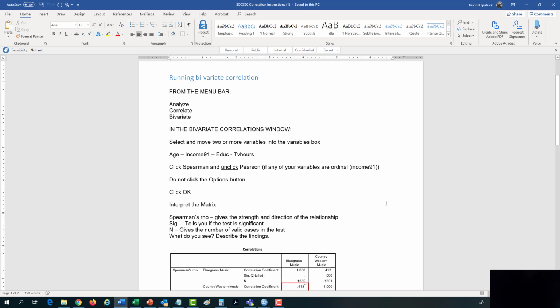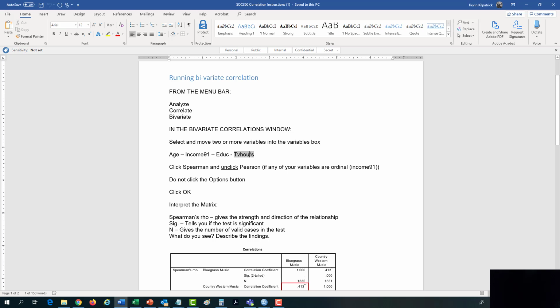So if any of your variables are ordinal, like income 91, which is what we're going to put in our little demonstration, I want you to unclick Pearson in the coefficient box and click Spearman. If all of your variables are interval level, like age and number of years of education and TV hours, because those answers are just like 19, 20, 21, and you can tell the difference.